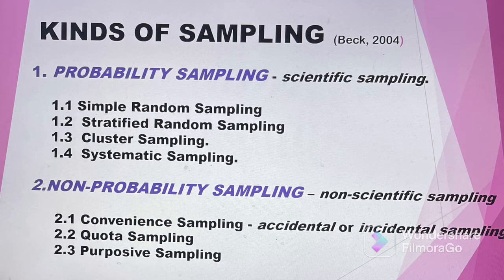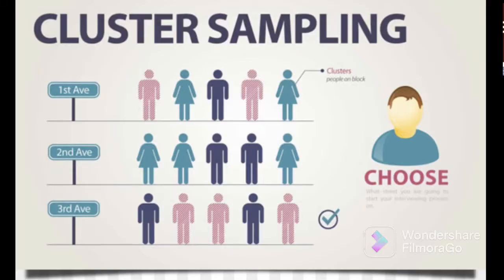Now, in a cluster sampling, say, for example, what the SWS is using in the number of participants to look into who will be the president that they are going to vote for. So there are clusters. Say, for example, the first cluster is Visayas.